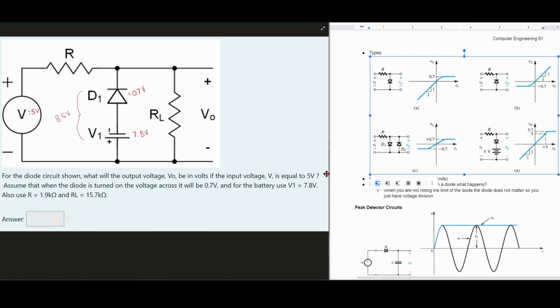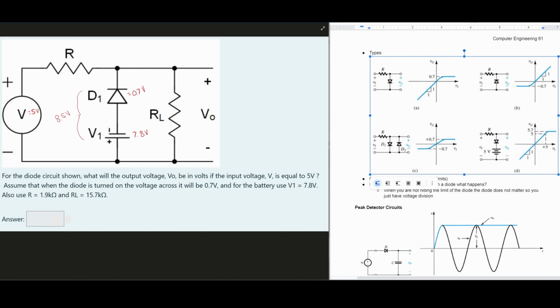If we look at the different types of diode circuits that we have, and just omit the RL and the voltage output really quickly, it's going to look something like this last one. But we see the diode is in the opposite direction, so it's going to look something like this top one and also this bottom one.